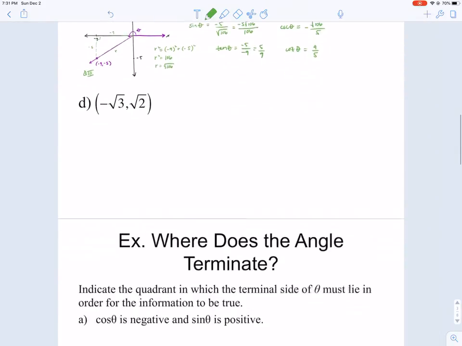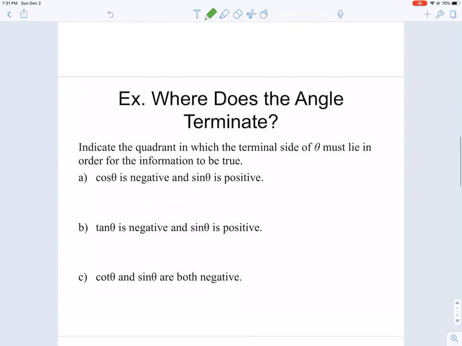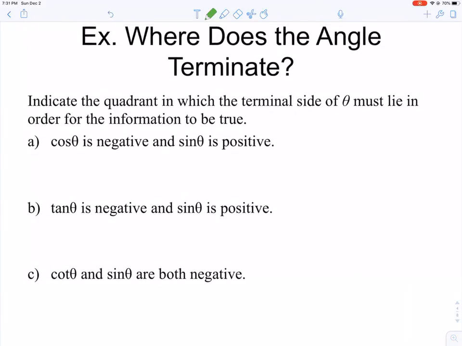Okay, so let's move on to the next type of question that I want you to be familiar with. To determine which quadrant the angle terminates in, you're going to think back to my little memorization tool: All Students Take Calculus.